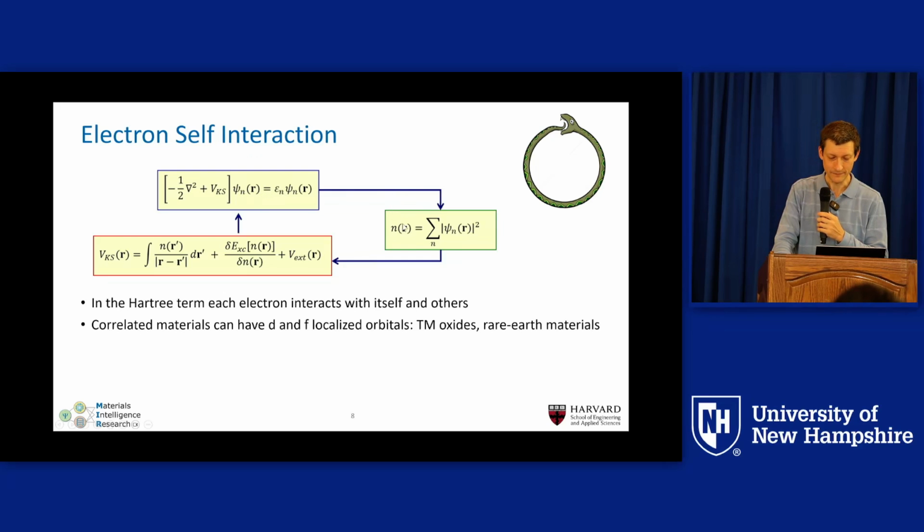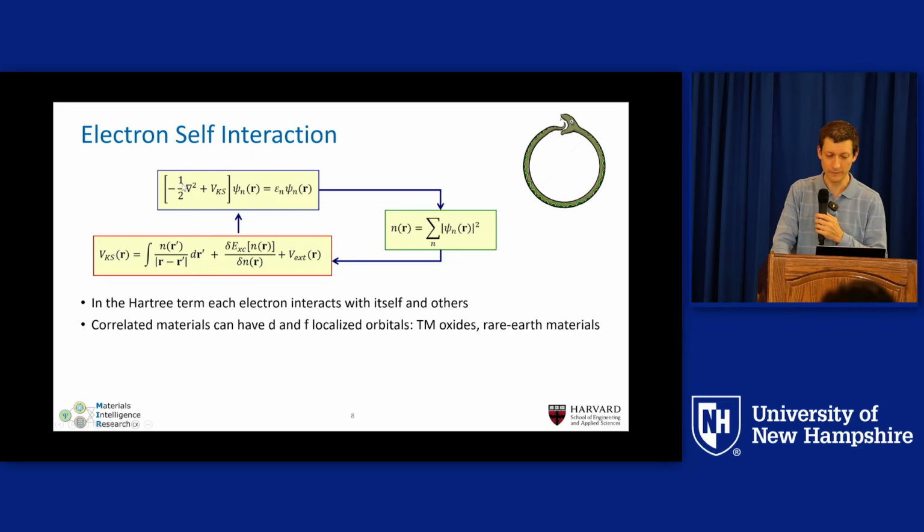Once you write down the total electronic density as the sum of the single electron wave functions, you can use that density in your effective potential, which includes the Hartree term, the unknown exchange correlation term, and the external potential in which, of course, all the electrons live.